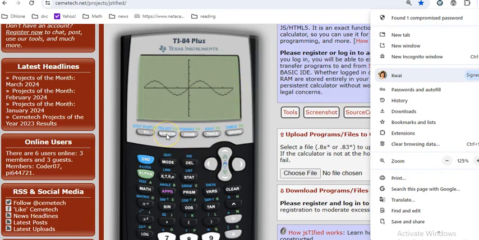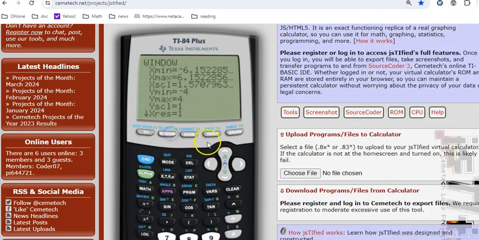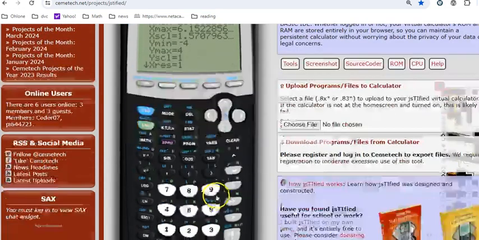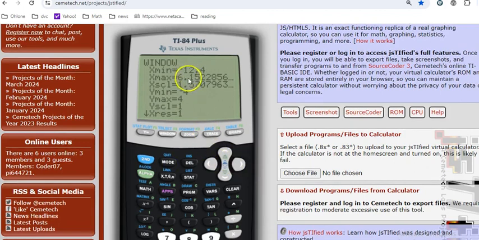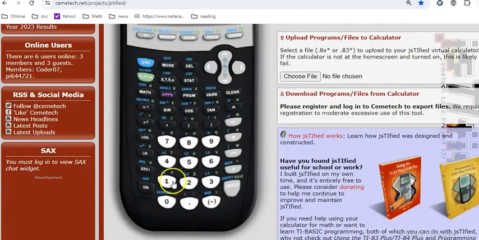If you want to change it so you can get more, you can do window. You can say, oh, I want to do negative 12.4, and then 12.4.